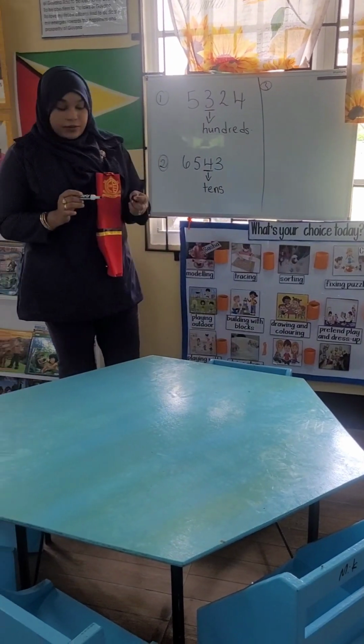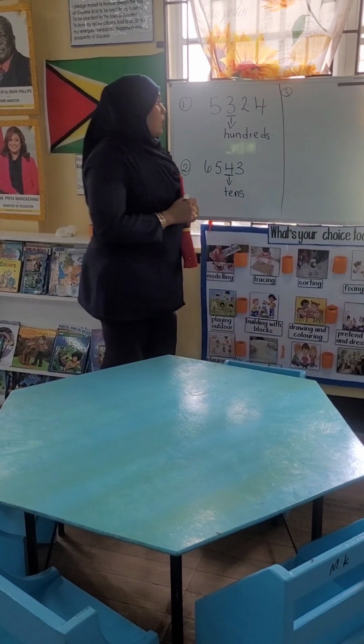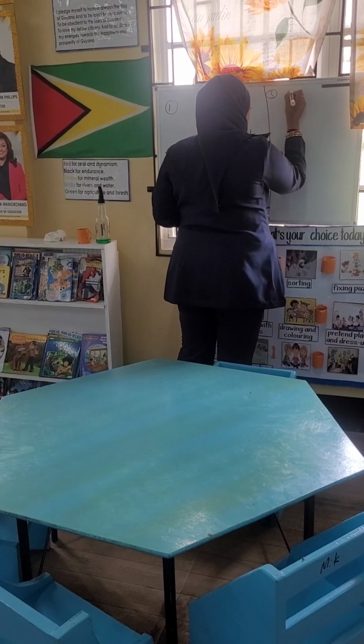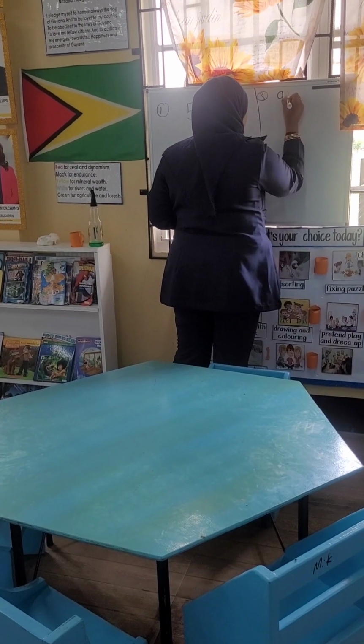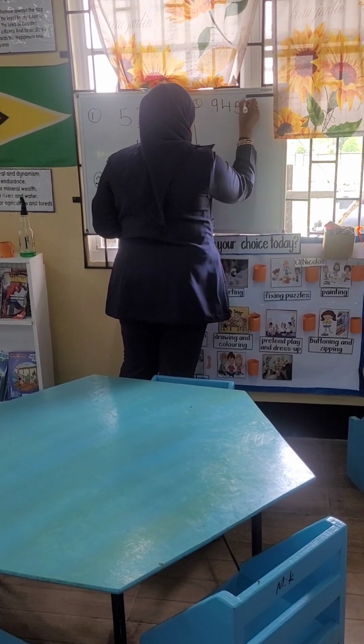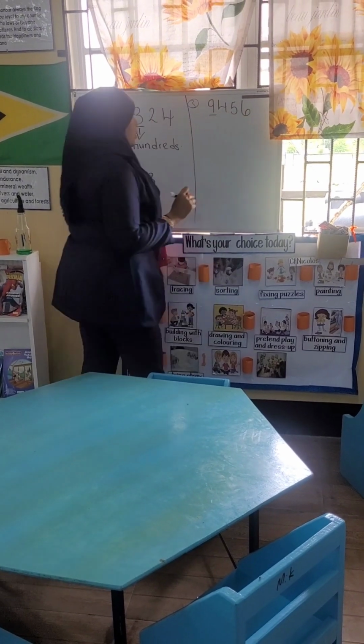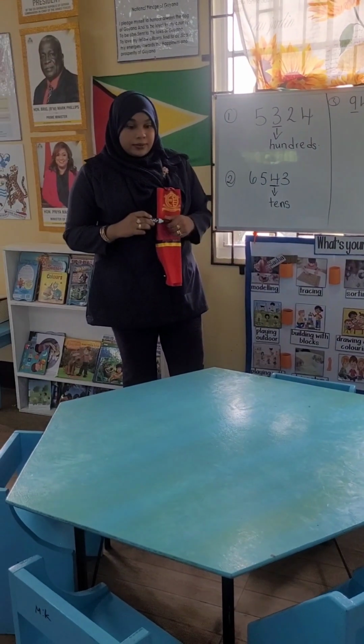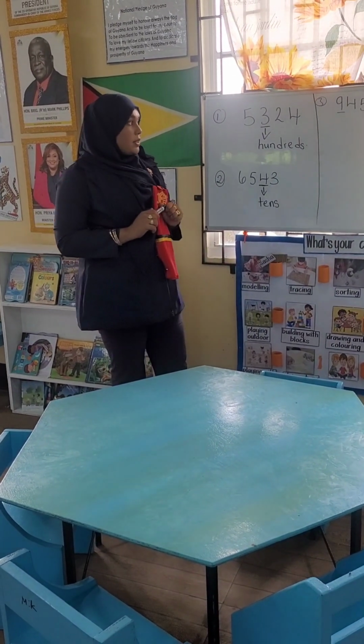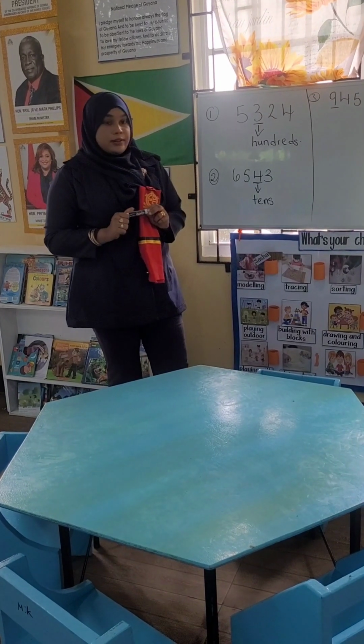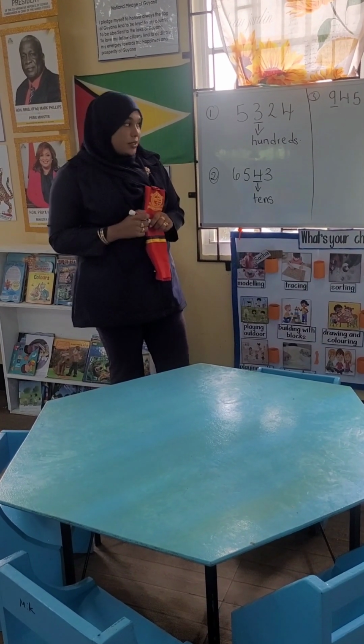I will take someone from this group now. Alex, what is the place value of the underlined number? 9. What is the place value of the underlined number 9? Thousands. Very good.